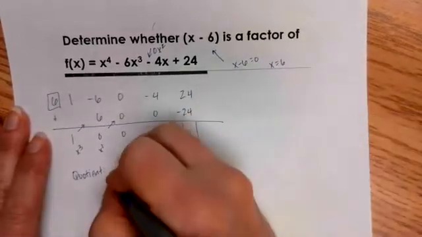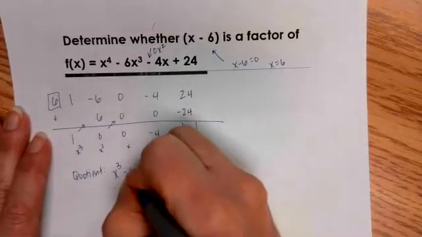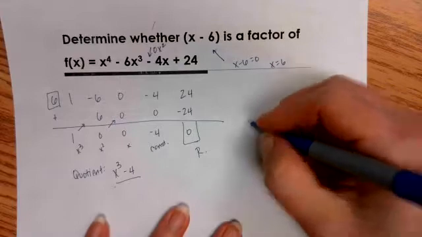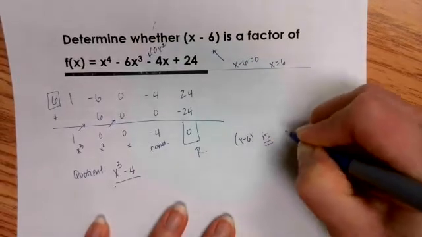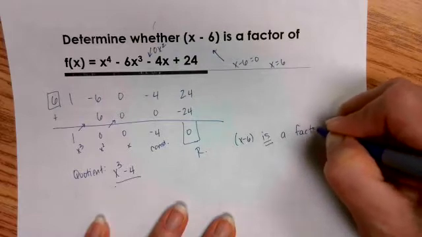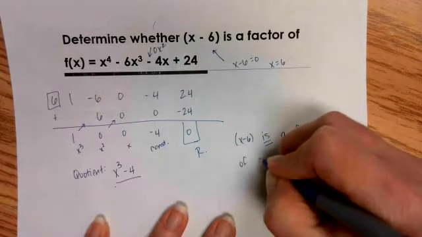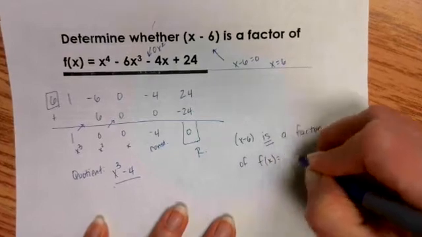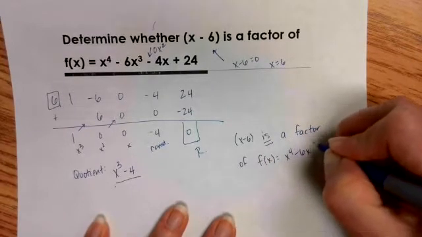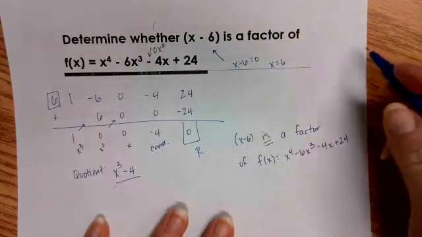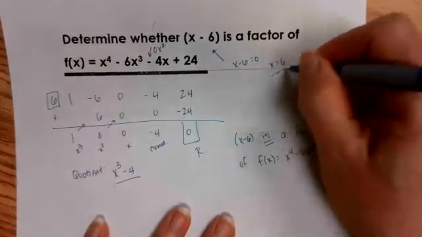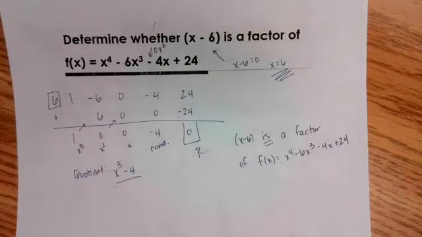Get to my remainder. My quotient is x cubed minus 4. But my big picture, x minus 6, is a factor of f of x equals x to the 4th minus 6x cubed minus 4x plus 24. So that means if I graph this, it touches the x-axis at 6.